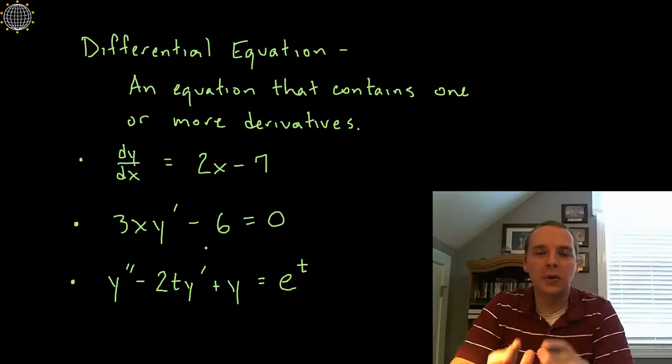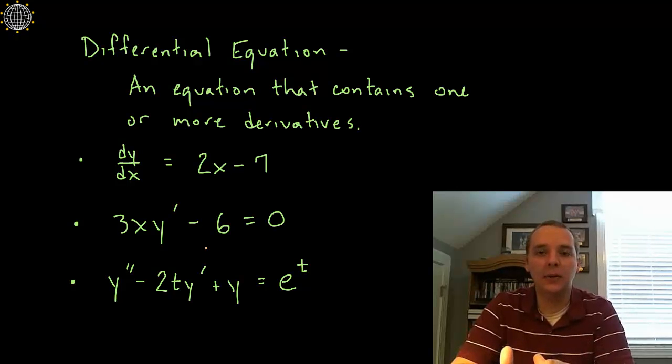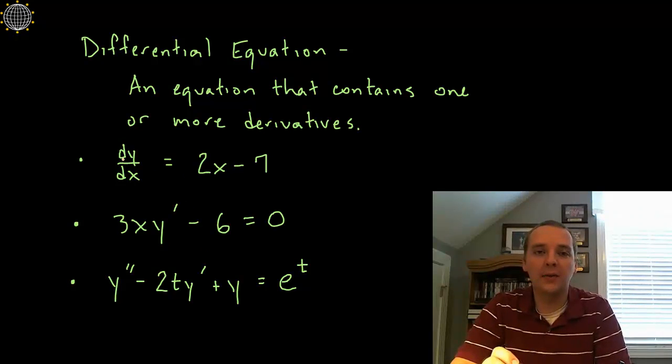So just a quick summary, a quick short definition of what a differential equation is: it's going to be an equation that contains at least one derivative, thus the name differential equation. So you might have what's known as a first order differential equation, like the first one here, in which case you only have a dy dx, a first derivative, or look at the third equation here.